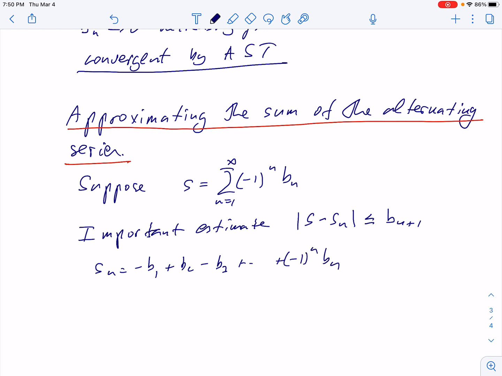This is the nth partial sum, and the difference between the nth partial sum and the value of the series is less than or equal to b sub n plus 1, the term next after b sub n.